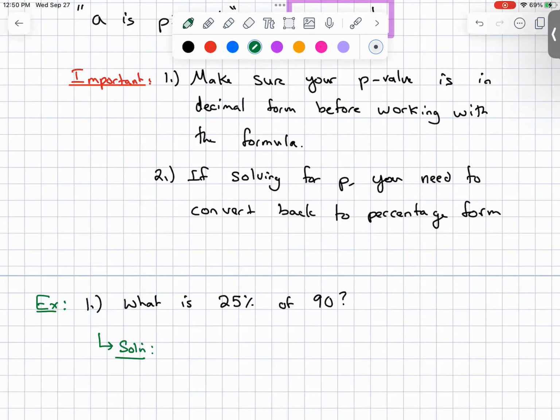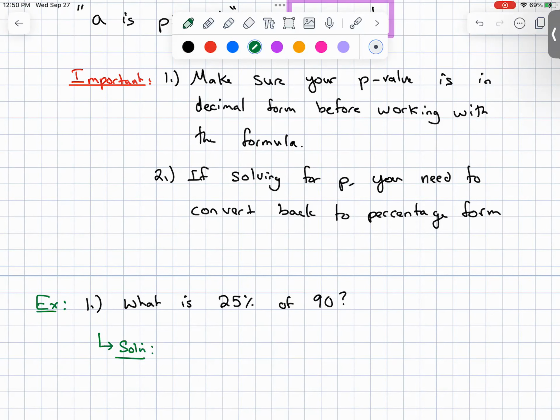Instead of writing out a bunch of examples first, I'm going to do several of them and address each one separately, so we're going to write the solution under each one.